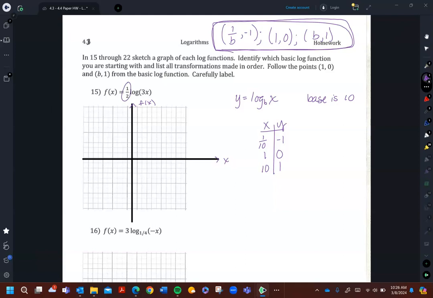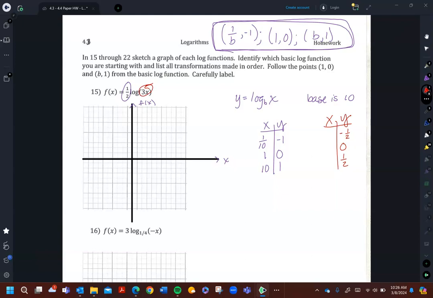So all my y values for the new function are going to be cut in half. I can just write those over here. I don't have any shifts on there. So this would be -1/2, 0, and 1/2. And then remember for x, you always do the inverse thing.